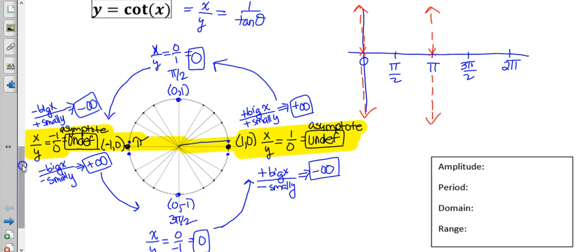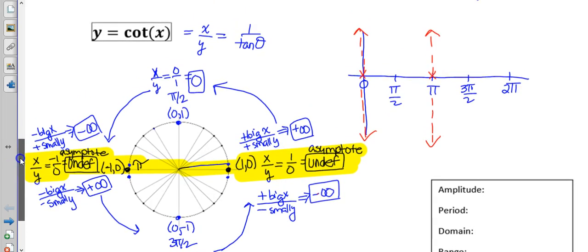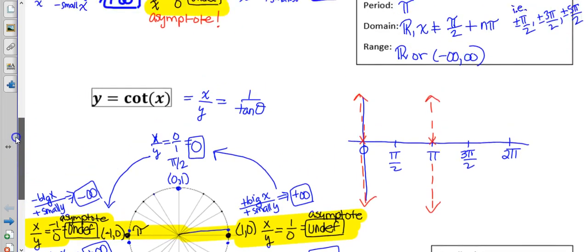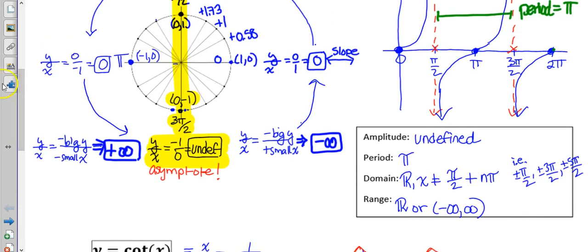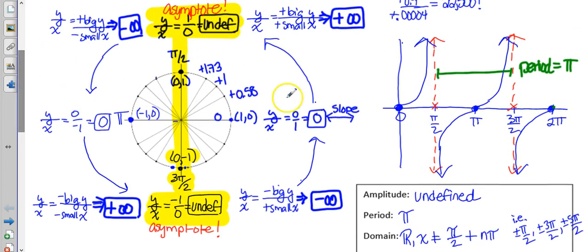And if I look at the connection, you can see it a little easier than I could show it on the screen, but if you look at tangent, the zeros, the x-intercepts of tangent, have now become the asymptotes of cotangent, which makes sense because here, if I'm at 0, 0 divided by 1 got me that coordinate right there.